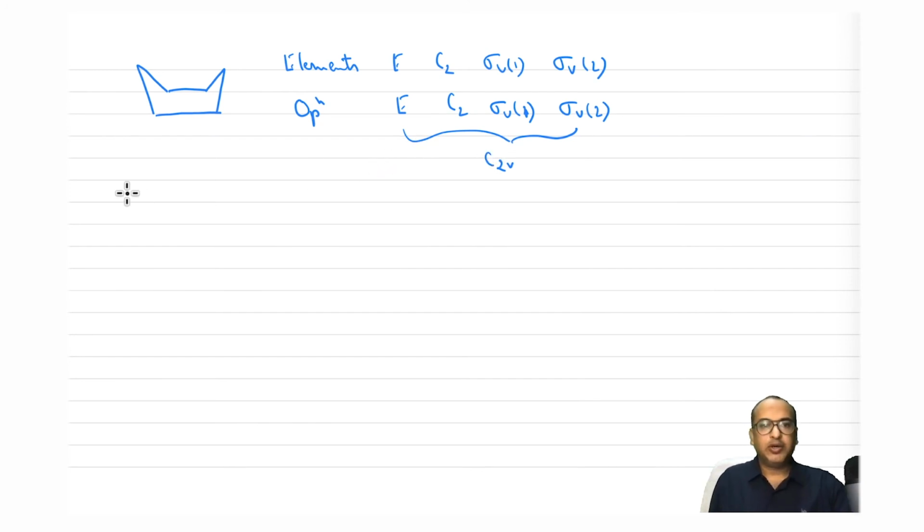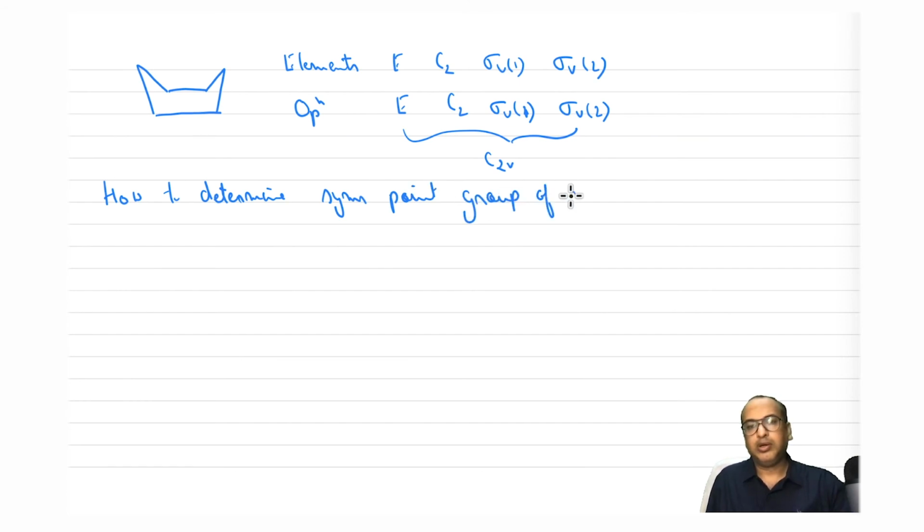Okay, so now let's see how to determine this point group and what the different types are. We'll see how to determine the symmetry point group of a molecule.